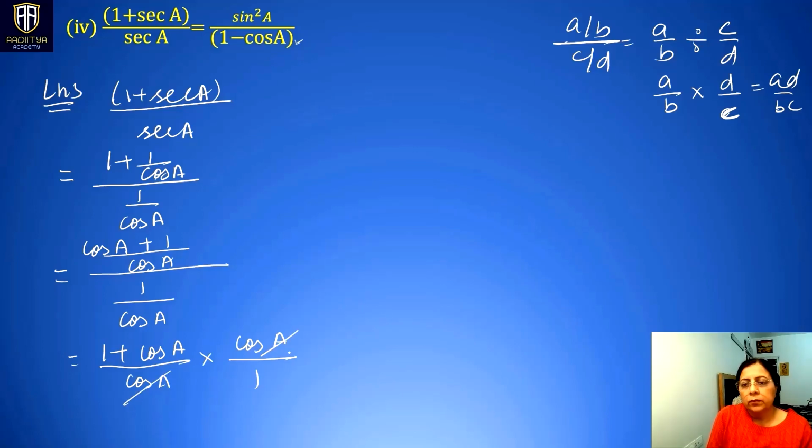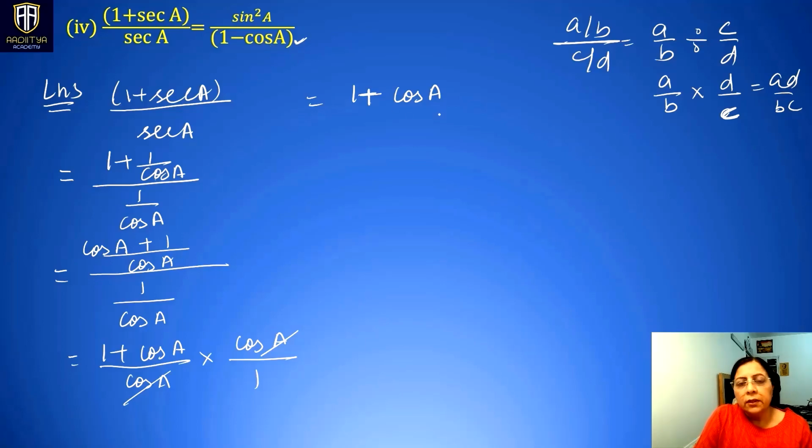So now we get 1 plus cos A, right? But see, this is a simplified version of LHS till now, but this is not something that we require in the RHS. So what do we require? We need 1 minus cos A in the denominator.